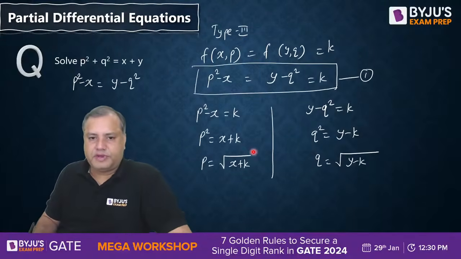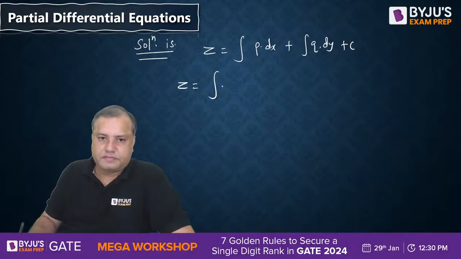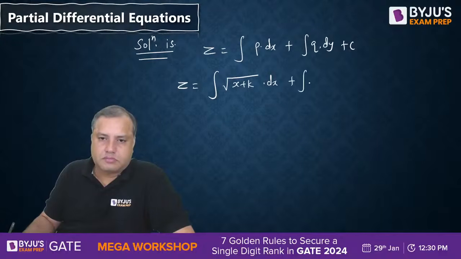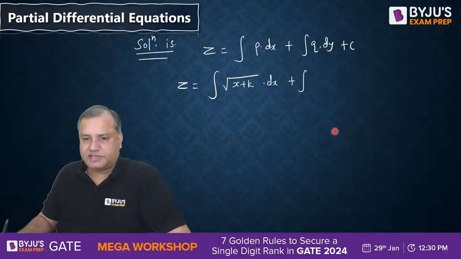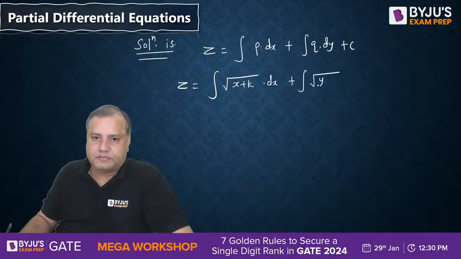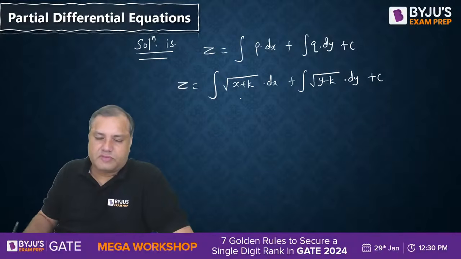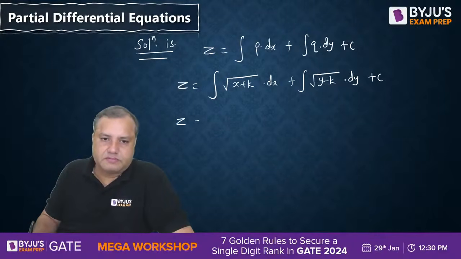What is p? P is root of x plus k. What is q? Root of y minus k. Now integrate this. Integration of x plus k.